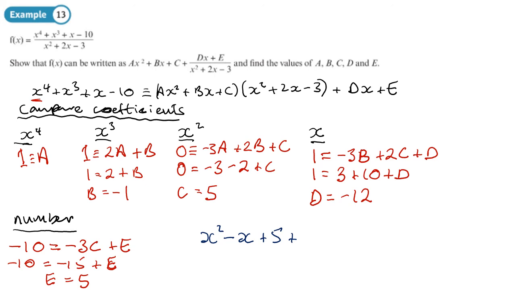Well, it was minus 12x plus 5. We might want to write 5 minus 12x over the divisor, x squared plus 2x minus 3. So that's the other way of doing it. So there we compared coefficients. No long division required. Right, so you should now be in a position where you can do exercise 1F on pages 16 and 17.